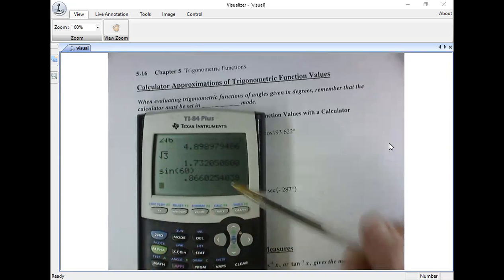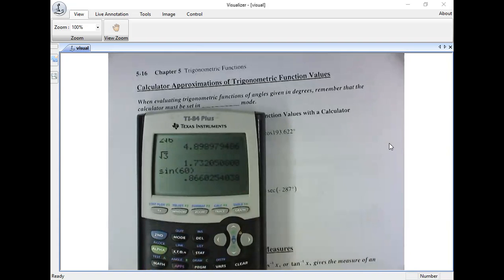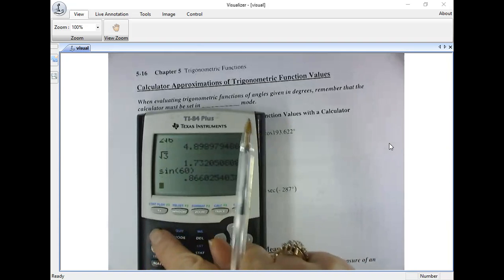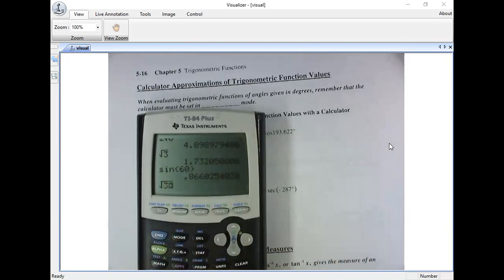So that's not going to give me an exact answer in the calculator. What I could do, though, is I could type in square root of 3 and then divide that by 2 and see if it looks like it's the same decimal number. And it is, okay? So you can kind of double check yourself, but the calculator itself will not give you those exact values when an irrational number is involved. So you need to make sure you realize that.